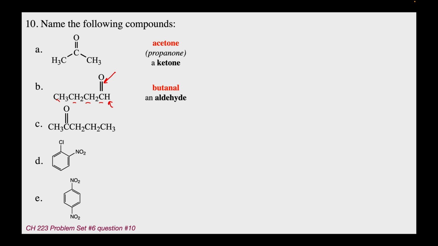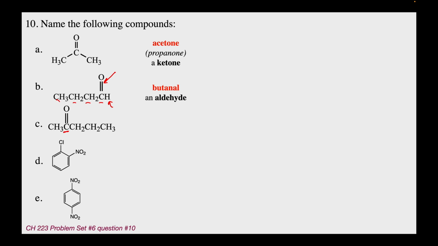The next one has another carbonyl. The carbonyl is between a methyl group on the left and a propyl group essentially on the right. So this is another example of a ketone. But the different part here is that the carbonyl could be on the second carbon, which is what we have here, but in theory you could have a carbonyl on the middle carbon, the third carbon. So if there's a choice where the carbonyl goes, you do need a number.